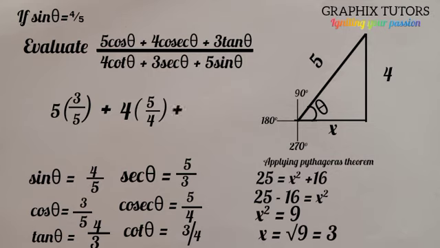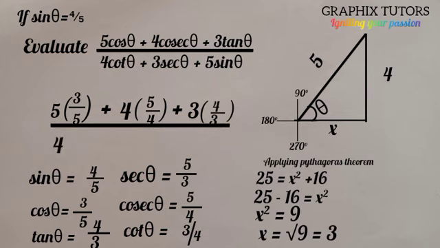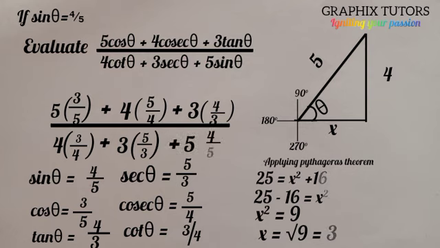Plus 3 multiplied by tan theta, which is 4/3, so 3 into bracket 4/3. All divided by 4 into bracket cot theta, which is 3/4. Plus 3 sec theta, where sec theta is 5 over 3, so 3 into bracket 5 over 3. Plus 5 sin theta, where sin theta is 4 over 5, so 5 into bracket 4 over 5.